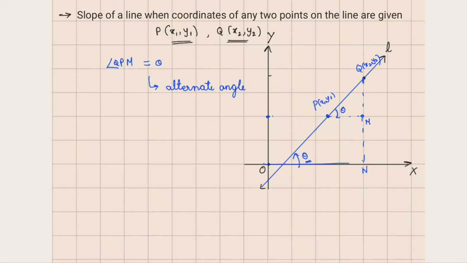See, this x-axis and these two lines are parallel, and this is the line L. So these two are alternate angles, and both are equal. So triangle QMP is a right angle triangle at M. So slope is nothing but tan theta.